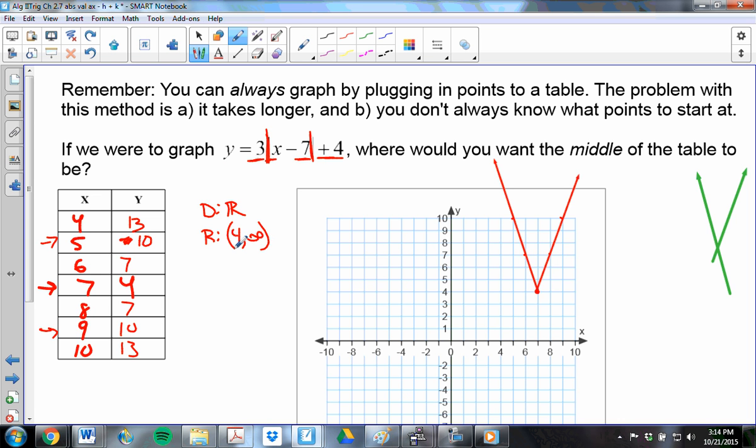If you wanted to write it like this, you sure can, because this should be a bracket. So what happened: the parent function was dilated by a factor of 3, translated right 7 and up 4. There was no reflection, so I don't list it.